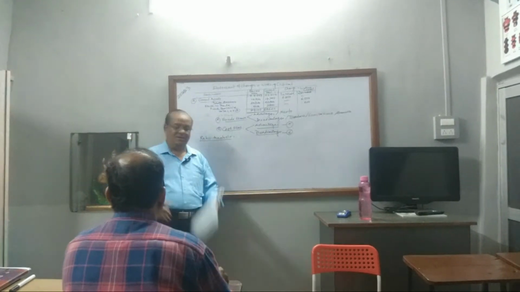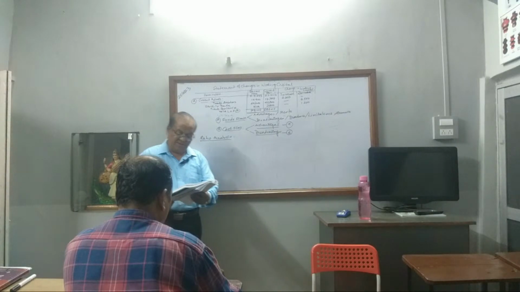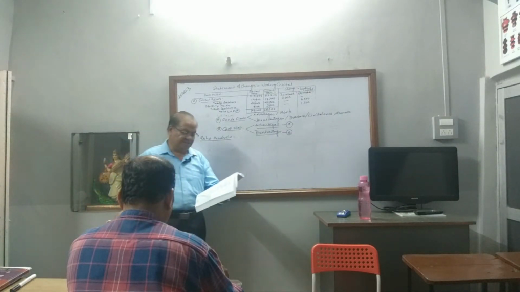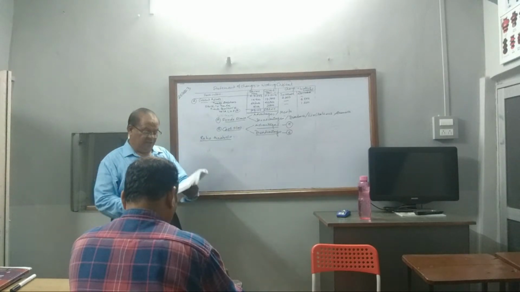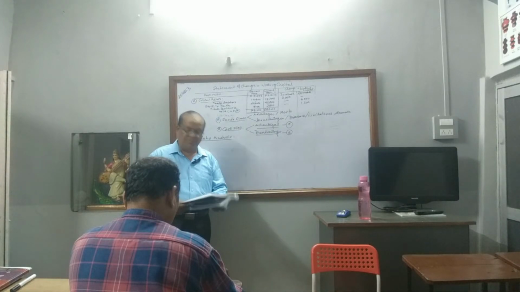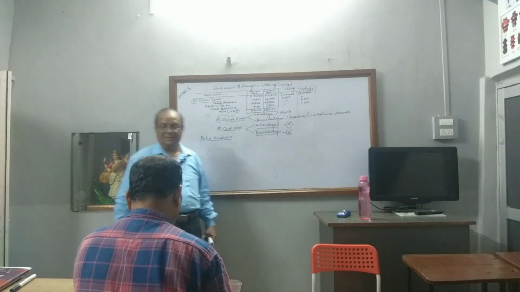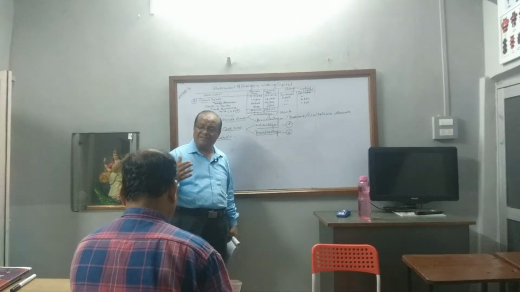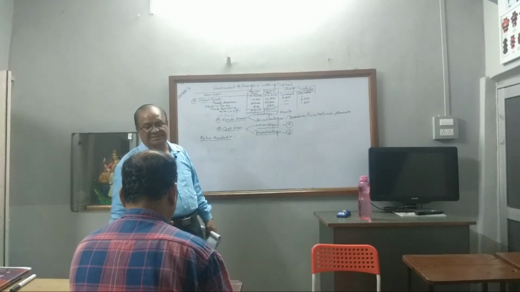Just see first: the following are the important objectives of ratio analysis. First, to provide the necessary basis for inter-firm comparison as well as intra-firm comparison. The objective means to ascertain inter-firm and intra-firm comparison.